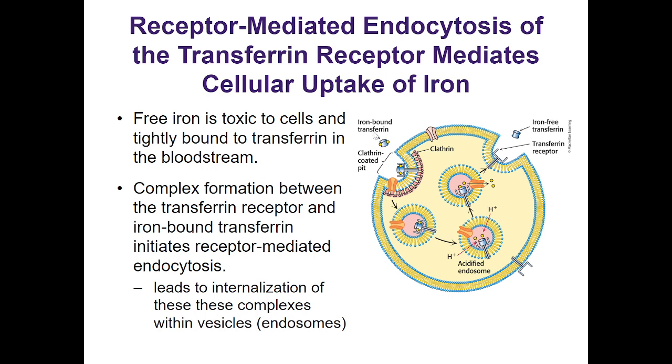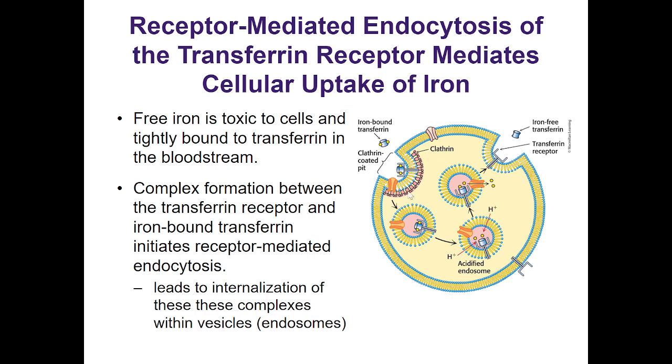And so again, here we see the iron-bound transferrin. This is again our clathrin-coated pit here. We see here we have a mechanism, the transferrin receptor here, that can bind this iron-bound transferrin that's getting bound to. See that?